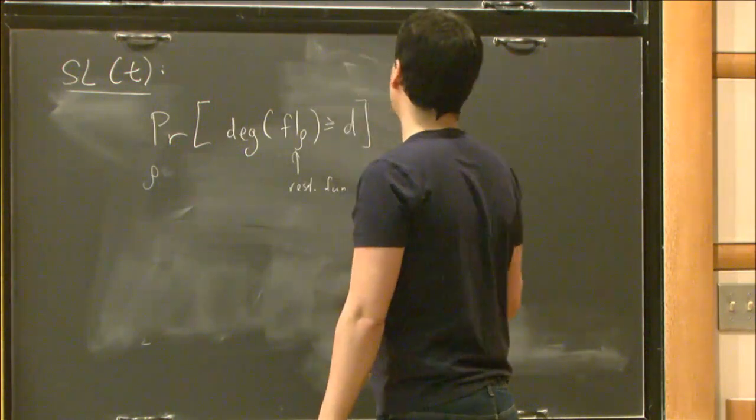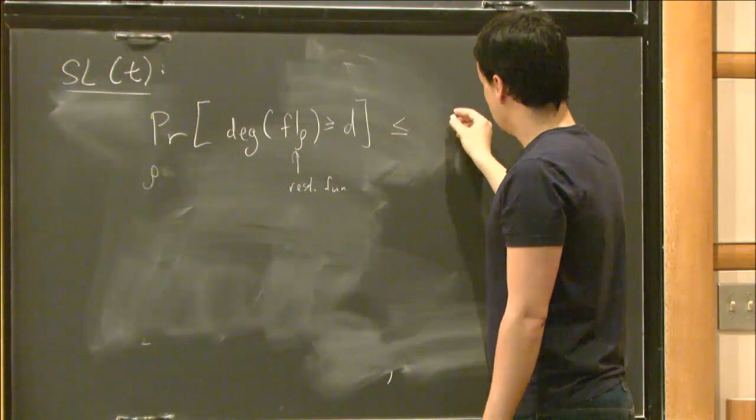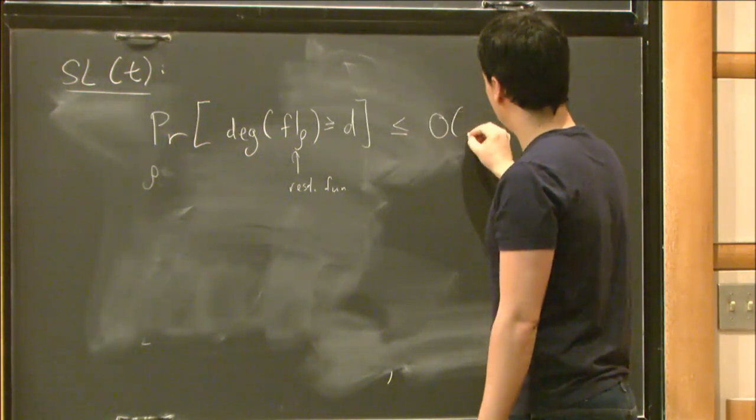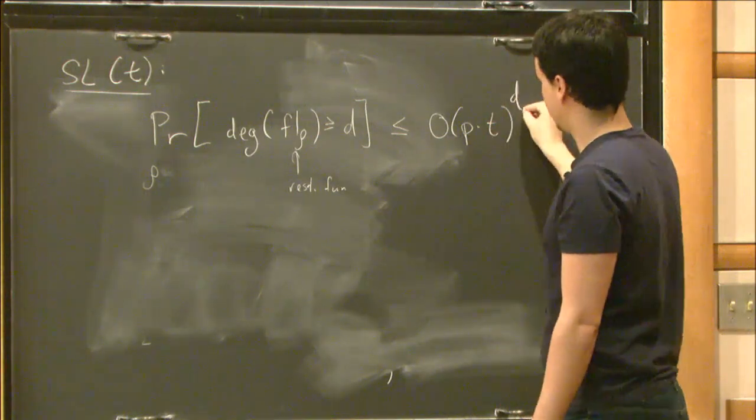Well, let's write greater or equal to d. It is smaller or equal to some constant times p times t to the d.